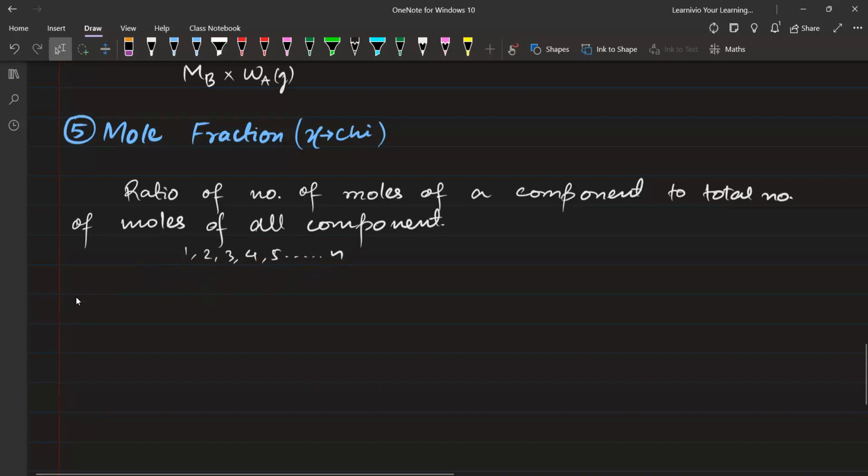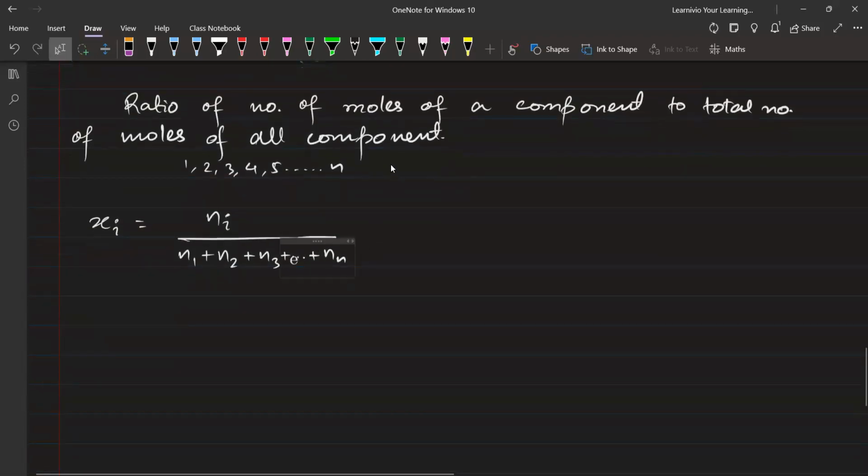So the mole fraction of the ith component will be equal to the number of moles of that component divided by the number of moles of the first component plus the number of moles of the second component plus the number of moles of the third component, and so on till the number of moles of the nth component. Makes sense? Yes or no? Please tell me. Yes, sir.